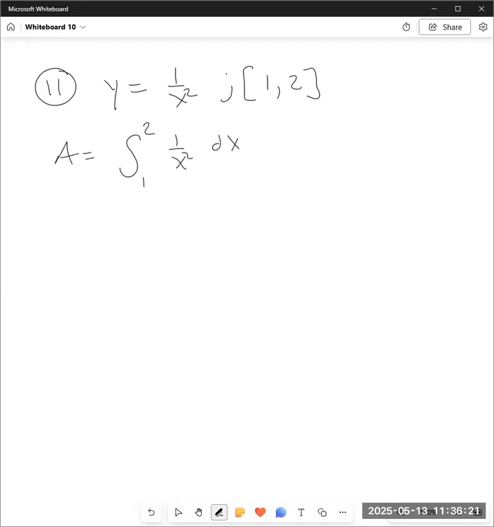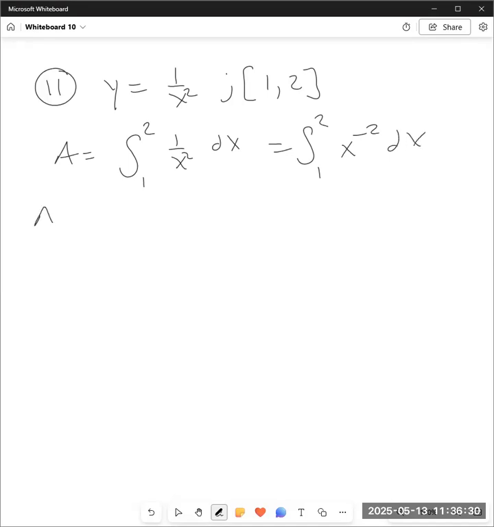So 11 says that I want y equals 1 over x squared, and my boundaries are 1 to 2. So we'll set that up: my area is going to be the integral from 1 to 2 of 1 over x squared dx, which is the integral from 1 to 2 of x to the negative second dx.